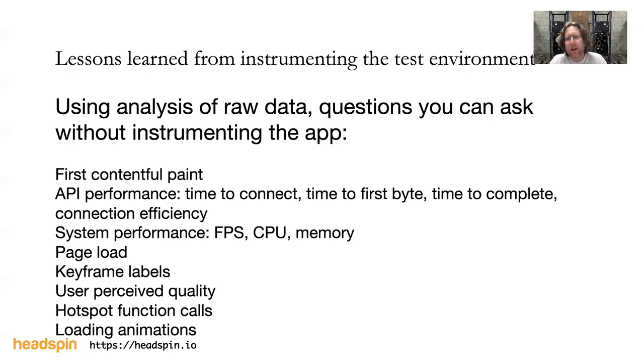Hotspot function calls is another area in the raw data that's been very useful to look at. So how are function calls changing over time, especially key client-side function calls, whether it's parsing API results or running specific game logic functions? Are those getting worse or better, hopefully, build over build? And loading animation.